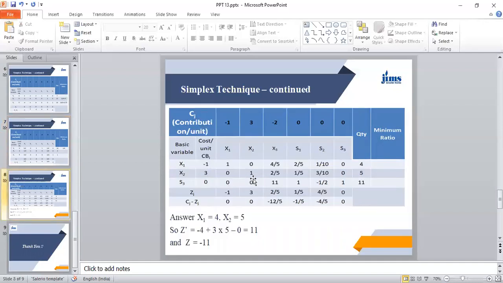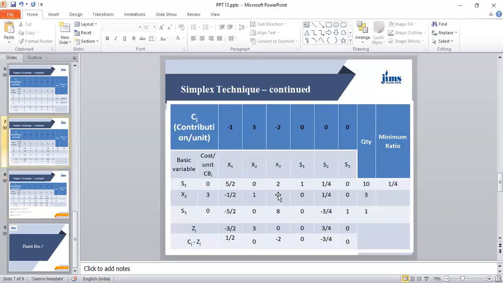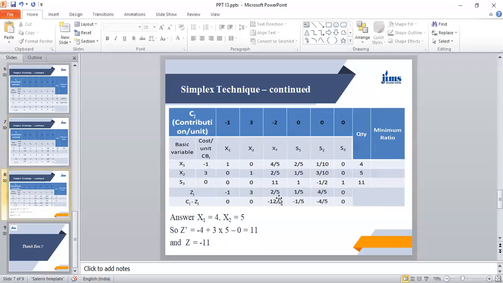Then this value 0 will change to 0 plus 2 into 1 by 2, 1 divided by 5 by 2 means 2 by 5. So this will be 2 by 5.